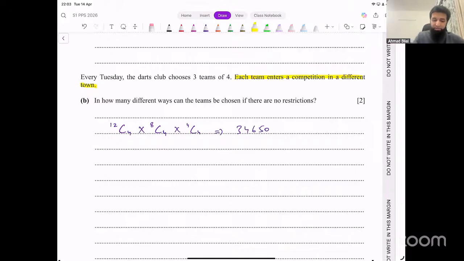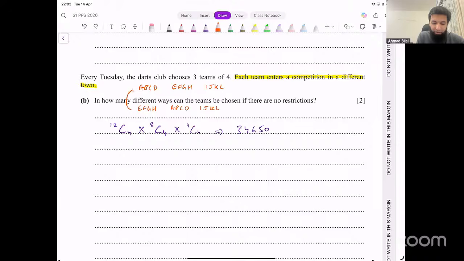What that means is, if you have a grouping like this, A, B, C, D, E, F, G, H, I, J, K, L, this grouping is different from E, F, G, H, A, B, C, D, I, J, K, L. These are going to be considered different groupings, because each team is entering a competition in a different town.